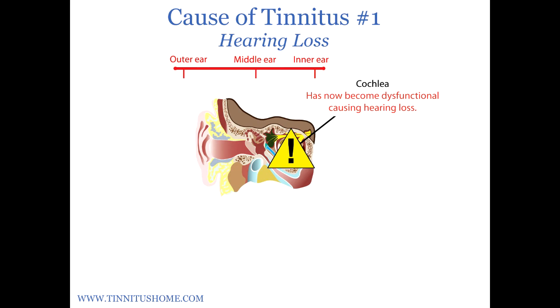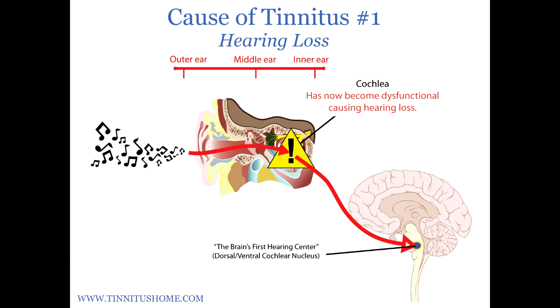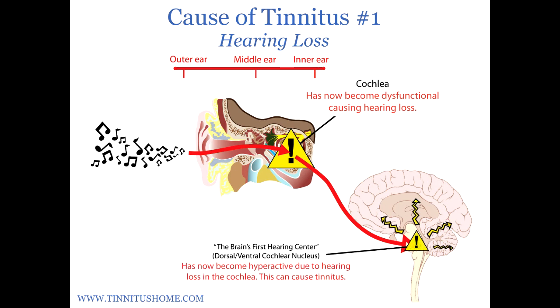When this occurs, it affects the rest of the hearing chain. Specifically, with hearing loss, the hearing nerve becomes underactive. But paradoxically, the first hearing center of the brain reacts to this decreased activity by becoming overactive.